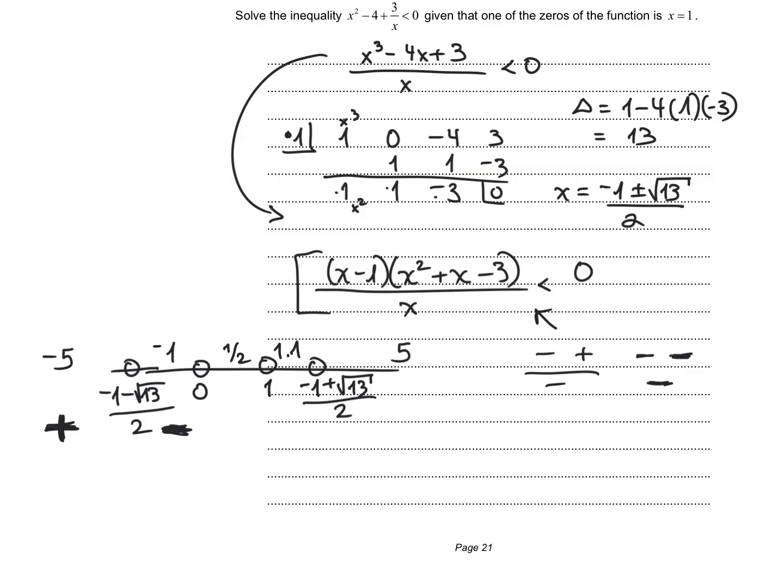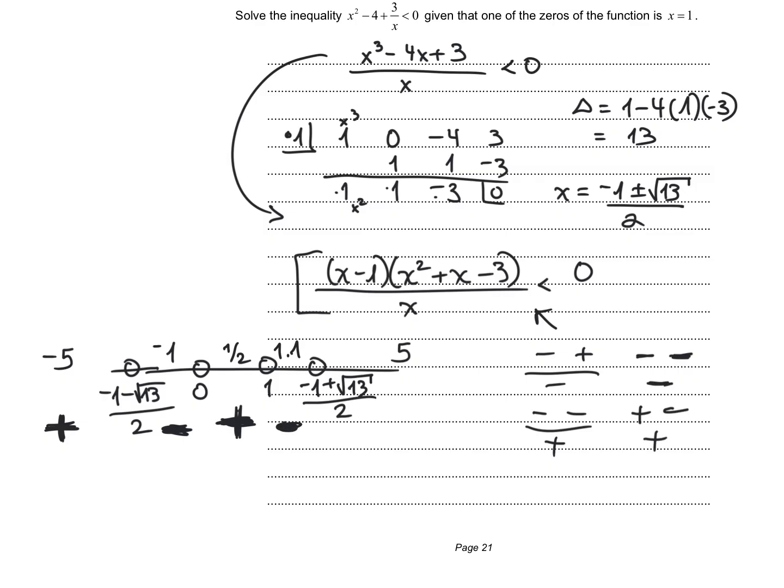If we have 1/2, we're going to have a negative and a negative over a positive. So that is going to be a positive here. 1.1 is a positive, and I think that's going to be a negative over a positive. So this will be negative.